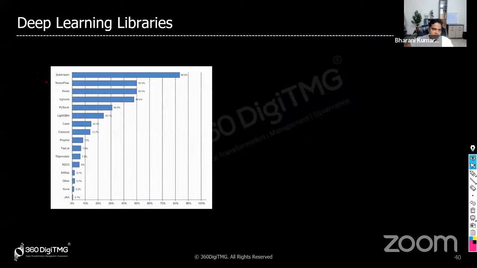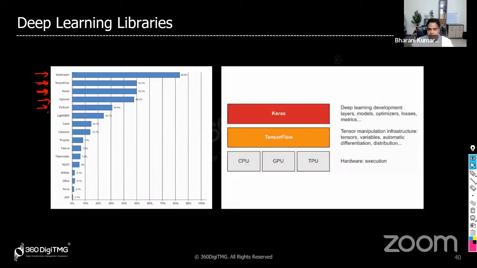So when you look at deep learning libraries, scikit-learn is used by majority of them, because a lot of people are still using traditional machine learning algorithms. Then you have TensorFlow, Keras as well. And of course, we have XGBoost, PyTorch. PyTorch is picking up, so we need not worry too much. It would pick up very fast. And as I've told you, TensorFlow is a low-level programming language, so you need detail-level programming in order to handle that.